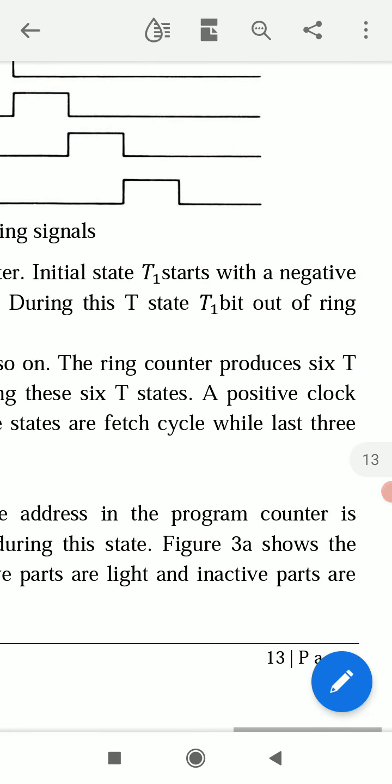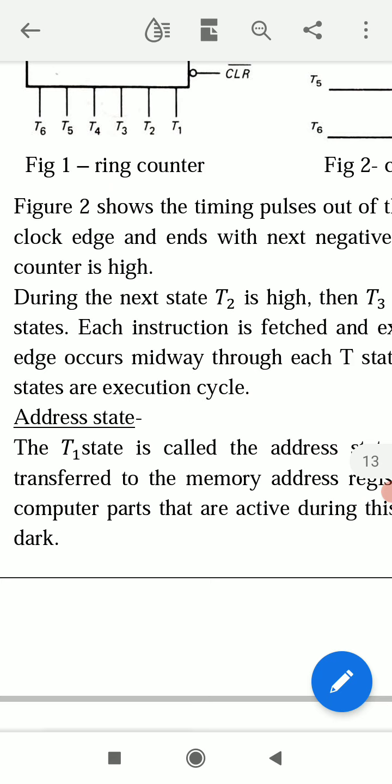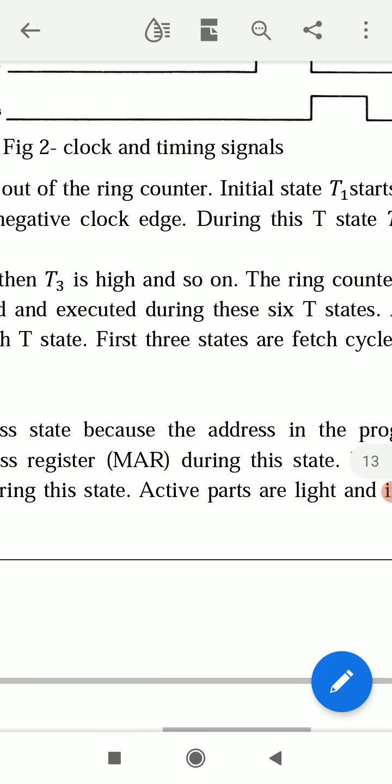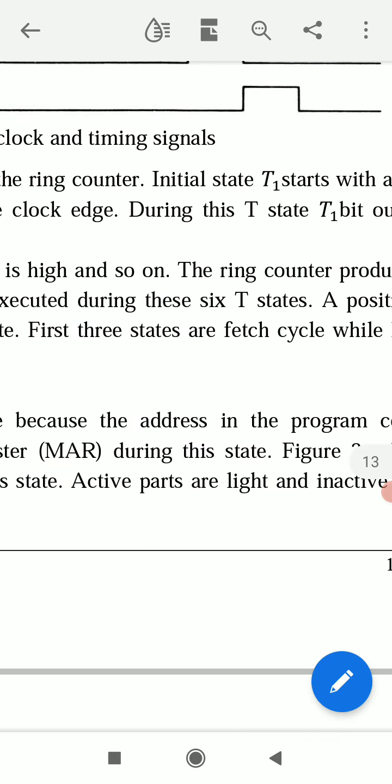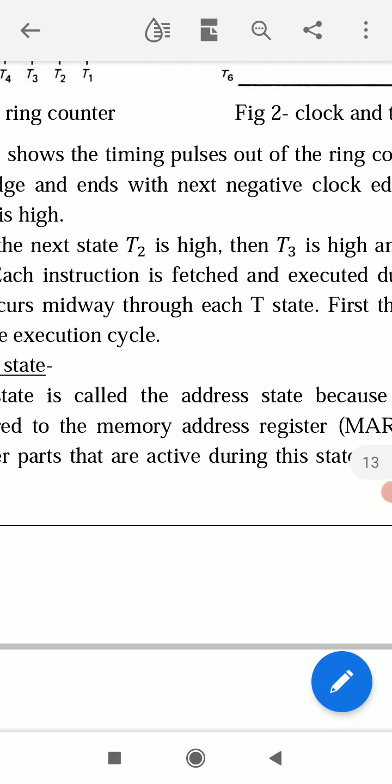The ring counter produces 6 T states. Each instruction is fetched and executed during these 6 T states. A positive clock edge occurs midway through each T state.